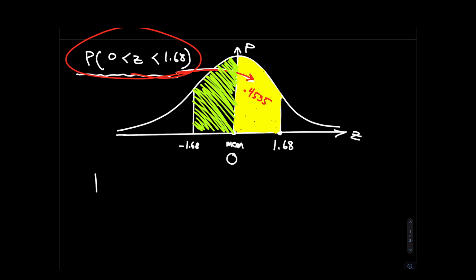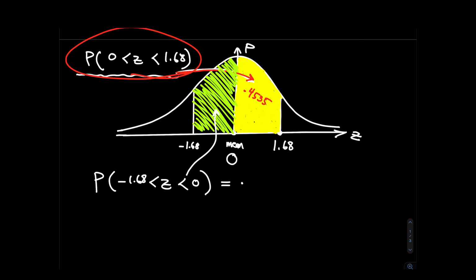Well, it would be: find the probability that z is between negative 1.68 and 0. This time we're talking about this green area, but ironically, because it's a symmetric distribution, whether you're 1.68 above the mean or 1.68 below the mean, either way, your probability will be the same, 0.4535.